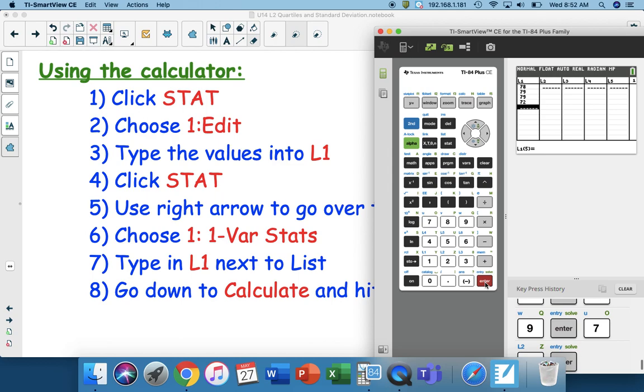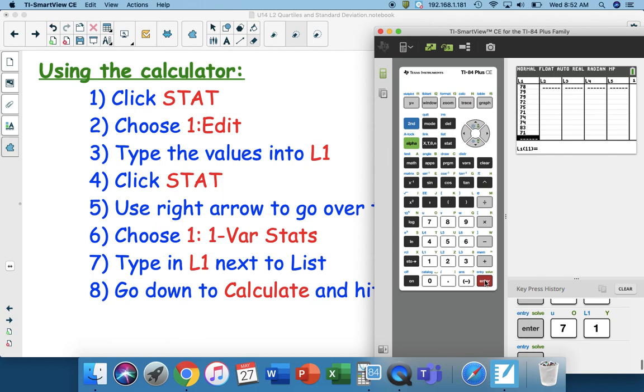After you put them all in, double check to make sure you put all the numbers right. Because if one number is wrong, your whole thing is wrong, and you don't want that, right? 75, 71, enter. 74, 74, 83, 71. Okay, I got 10 numbers. They're all right. Okay, cool.